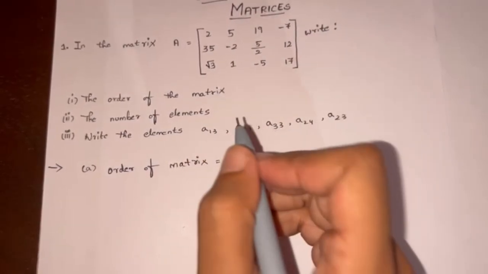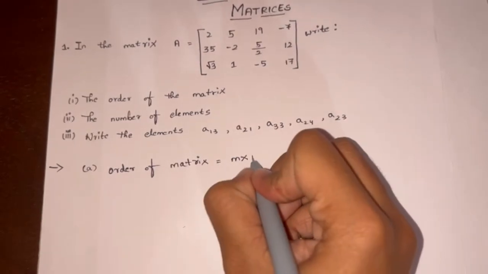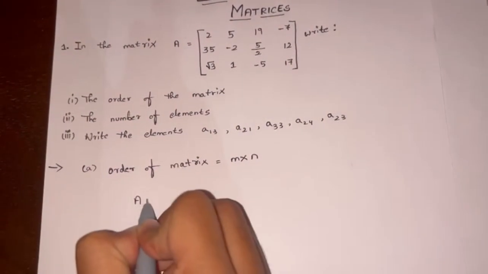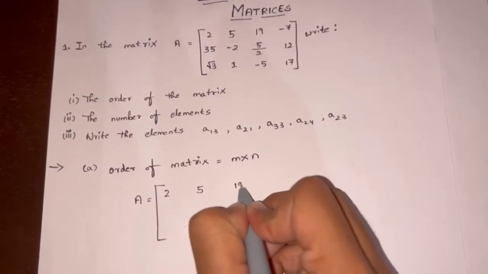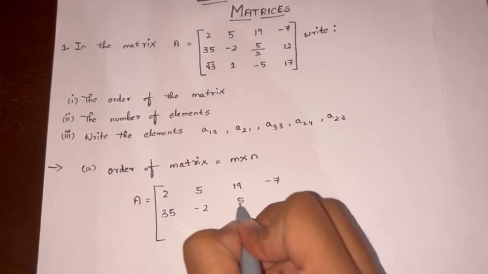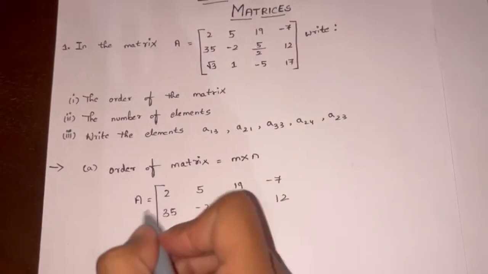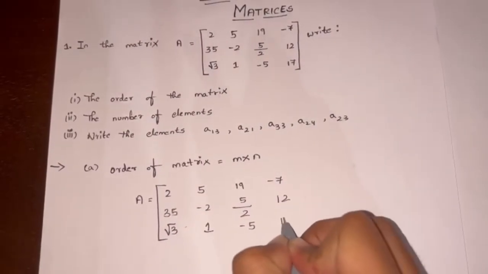Order of matrix is always denoted in the form M by N matrix. So let us write it again. A equals 2, 5, 19, minus 7, 35, minus 2, 5 by 2, 12, and the last row root 3, 1, minus 5 and 17.